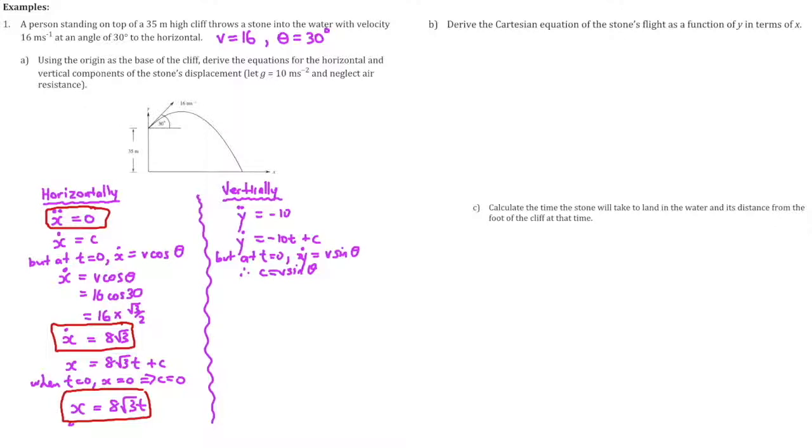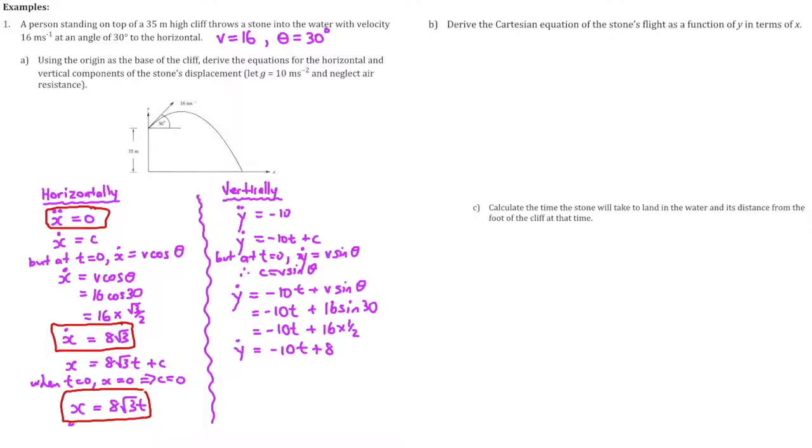Which means that the vertical velocity equals minus 10t plus v sine theta. Now we know what v is and theta is. V is 16, theta is 30. So let's plug that in. That equals minus 10t plus 16 sine 30. Now we know the sine of 30 is a half. 16 times a half is 8. And there is our statement.